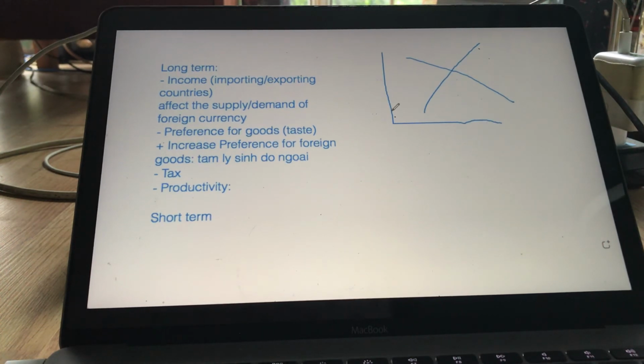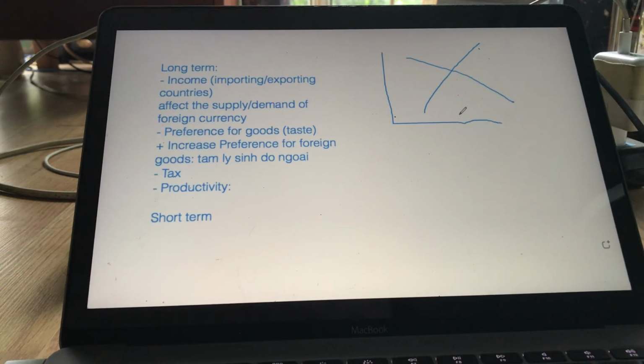If there is an increase in the income of the importing country, it means that they demand more of our export goods, right? In that case we export more.